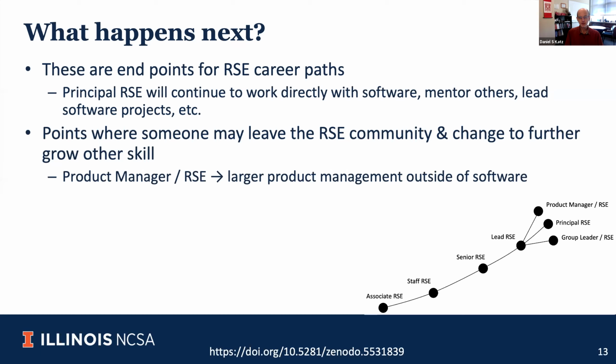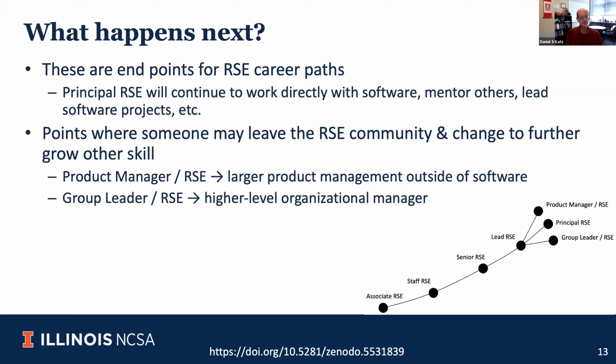An example of that is in an organization like NCSA, where we have some HPC resources. This person may become the PI of an HPC system. It includes hardware and software and operations and other things. They can take the skills that they've learned as a product manager for software products and think about other products that include software just as one of many components.